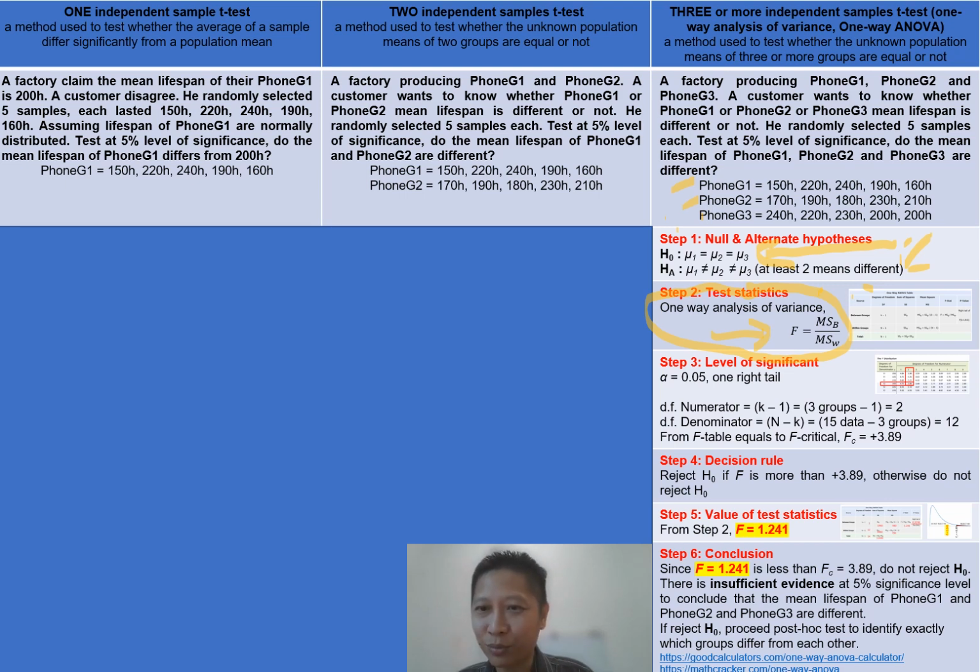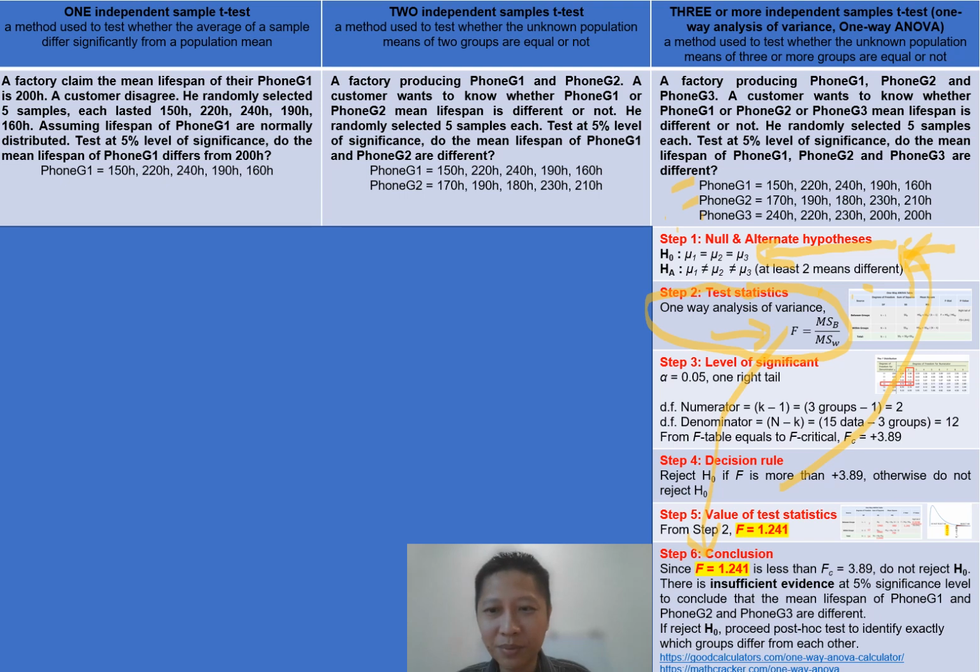So it takes some time to construct this table. For this problem, at the end, our F ratio equals 1.2, and it falls under the do not reject area. That means we are not rejecting the same lifespan between those 3 models.